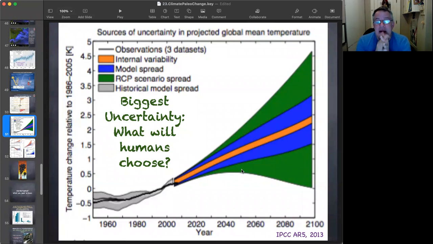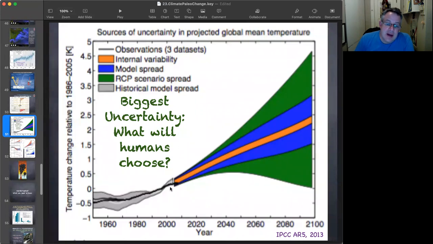We can break down the uncertainty in a projection. So here's the total scenario spread over all of the possibilities. Here's the spread within one particular model, the blue one. And here's the orange, which is the level of internal variability that we might expect from deviations in initial conditions.